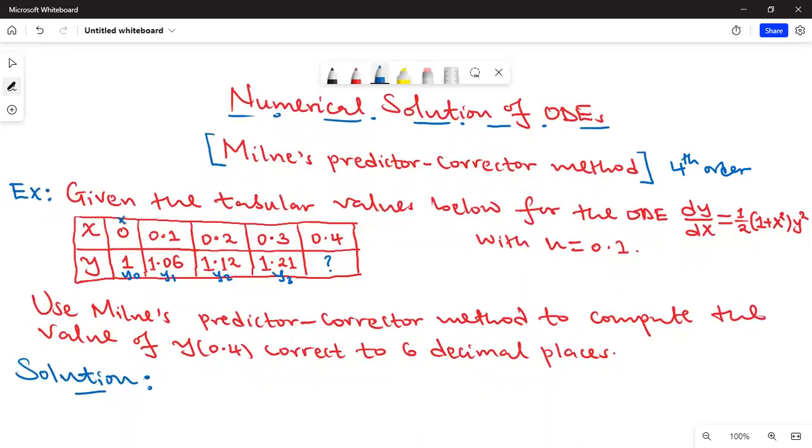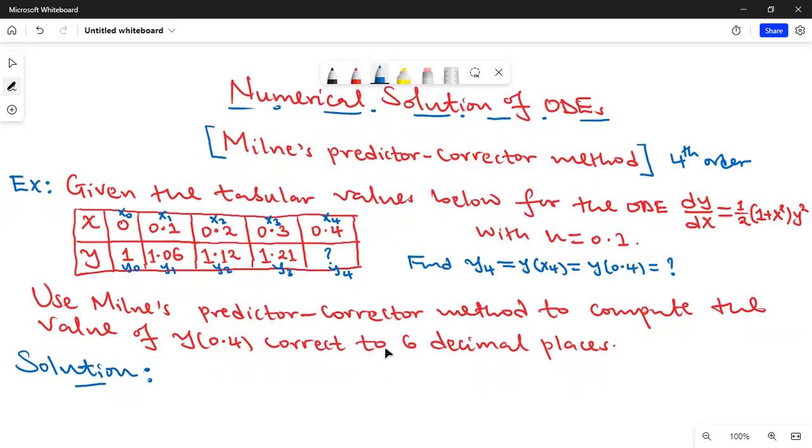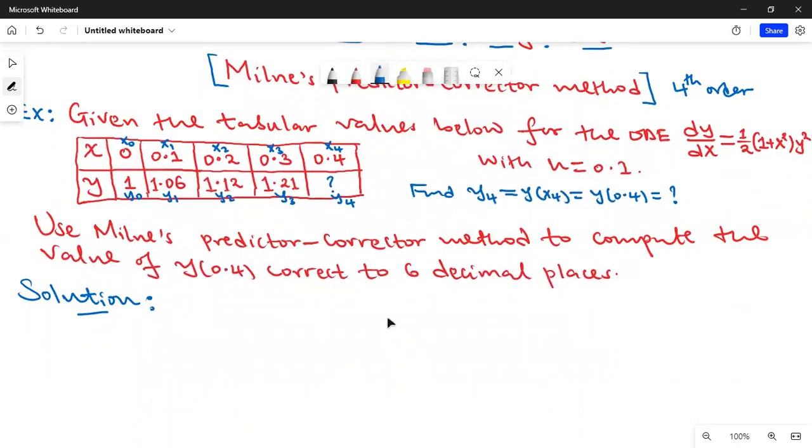So here we have x0, x1, x2, x3, x4. What we don't know is the value of y4. So the task is to find y4, which is the same as y of x4, and this is the same as y of 0.4, using Milne's predictor-corrector method.